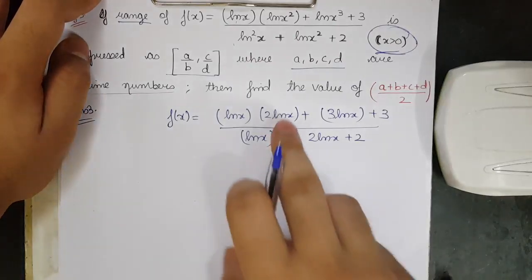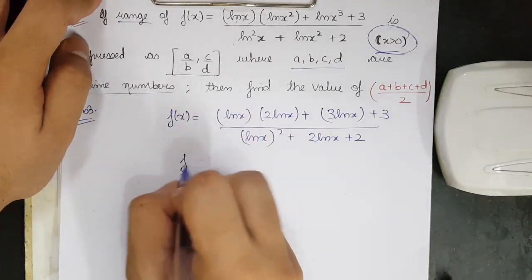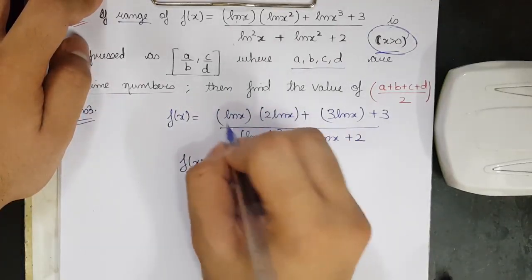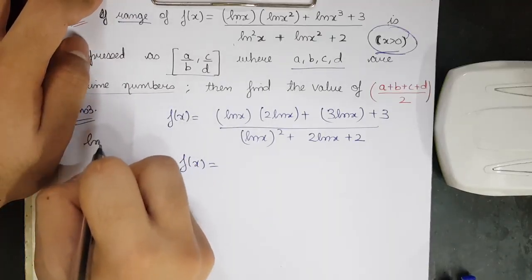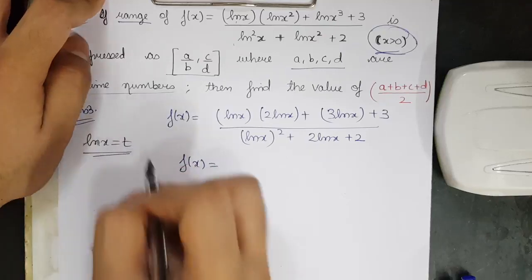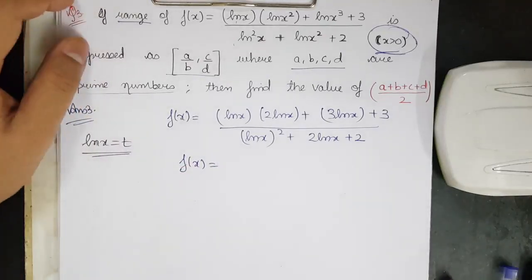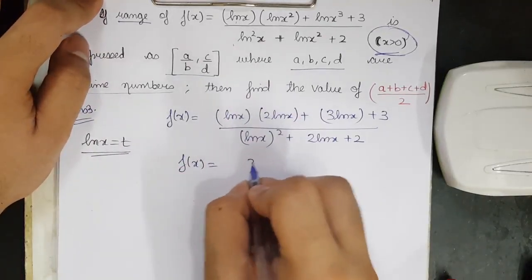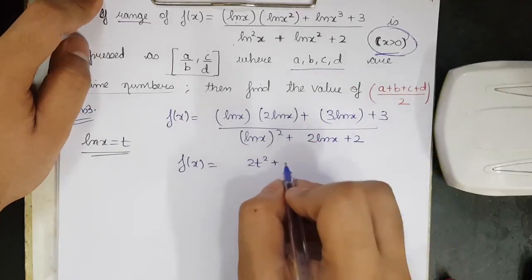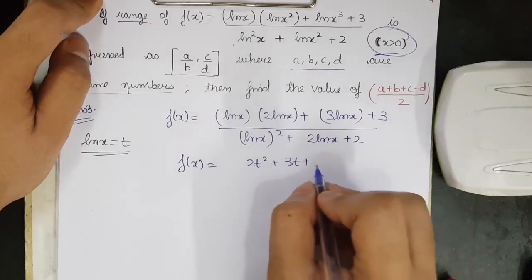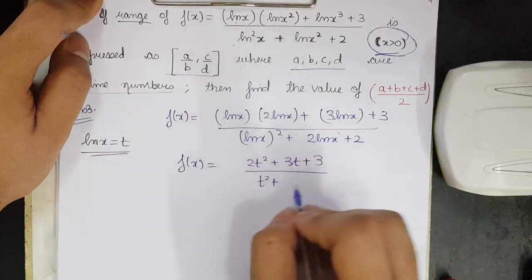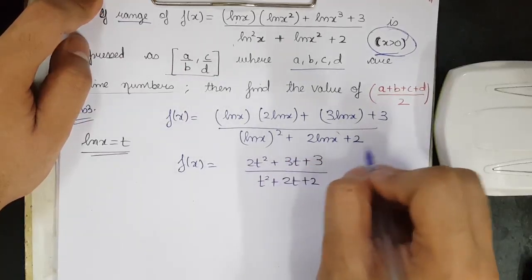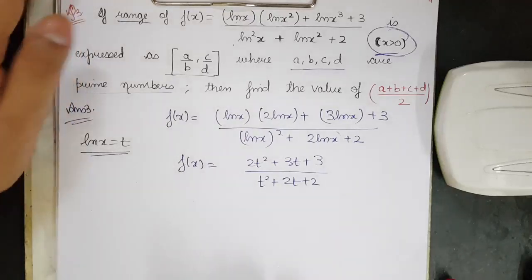Now in the side, let me assume that ln x is equal to some t, because that will be easier in solving the question. So it will become 2t square here, this will become 3t, and this will become 3, and in the lower side we have t square plus 2t plus 2.